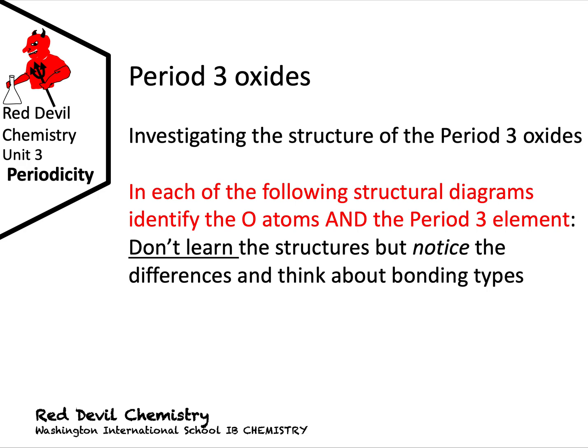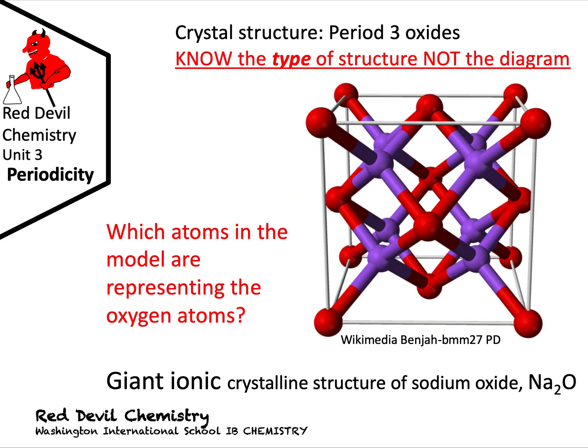But I don't want you to learn the structures, but just notice the differences as you're looking at them, and relate that to the bonding types each time. And I ask you to identify the oxygen atoms and which period 3 element you're dealing with.